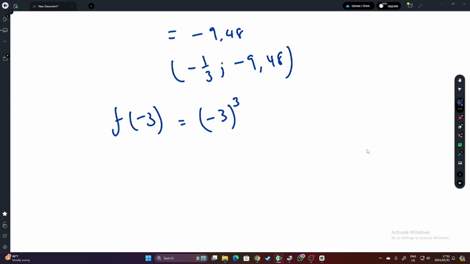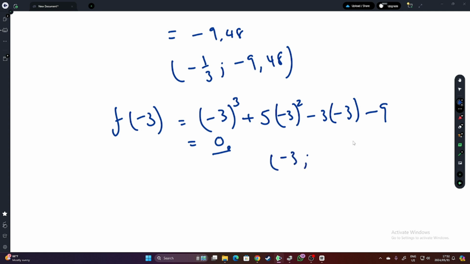Because when you're finding x-intercepts, you expect to have 3 distinctly different x-intercepts. But this time round, we actually ended up with just 2 distinct x-intercepts, which would mean that this should give us 0, right? So minus 3 and 0.